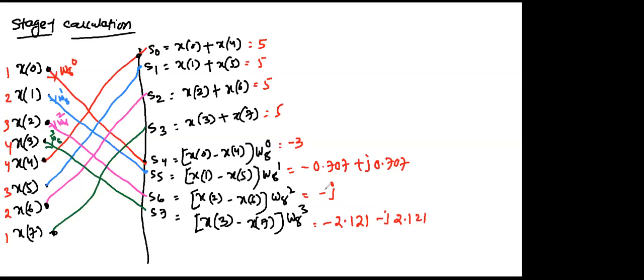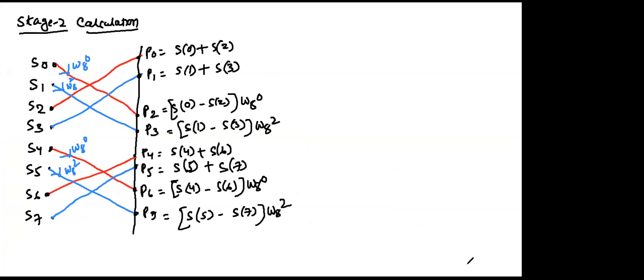Now this stage 1 output becomes the input to stage 2. Now I will write the stage 2 values. Stage 1, all the values you have, please write the stage 2 values.